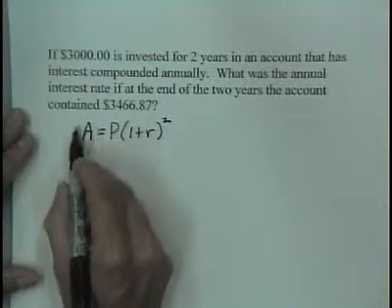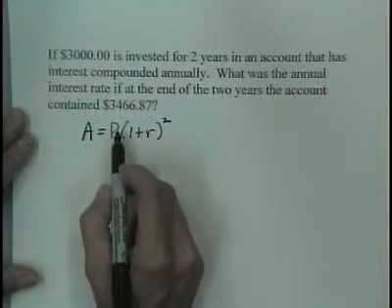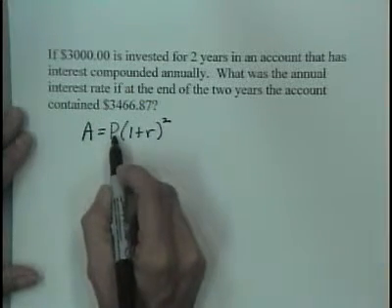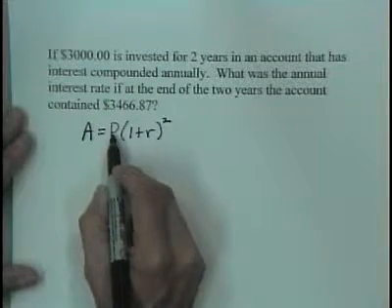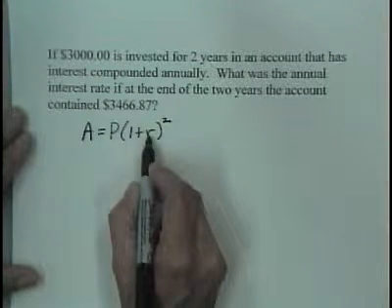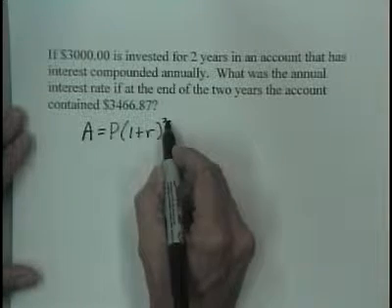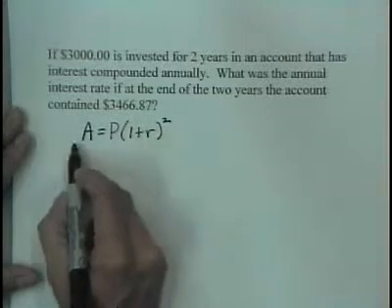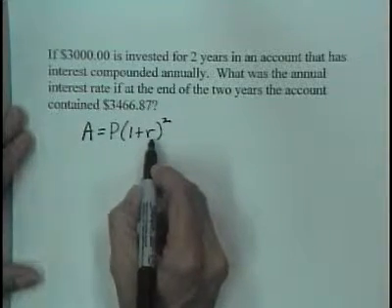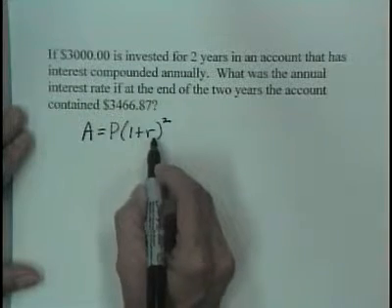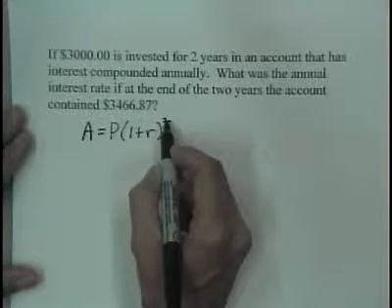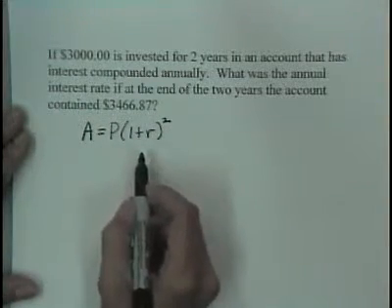It's the amount of money you have if a certain principal, in our case $3,000, is invested at an interest rate of R compounded annually for 2 years. So this formula actually only works for annually compounded interest for 2 years. But it'll work for our problem.